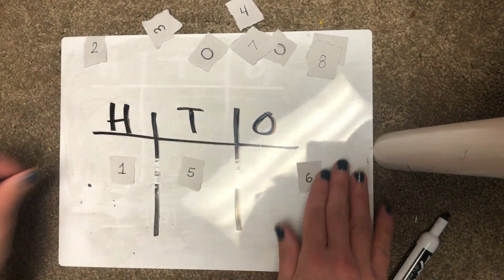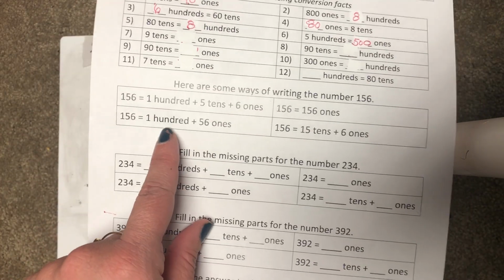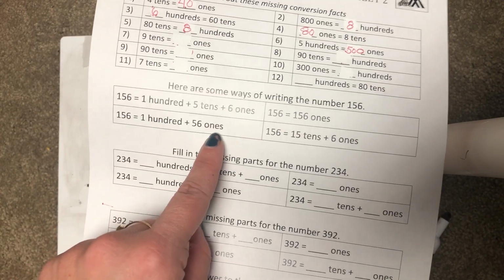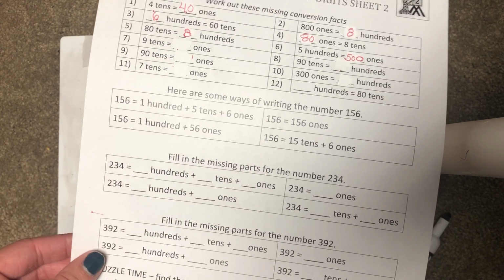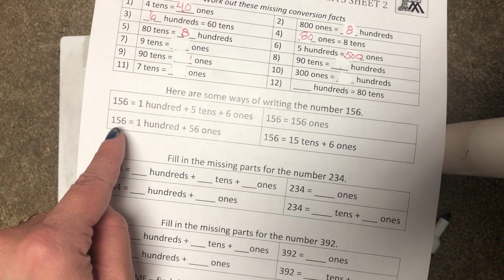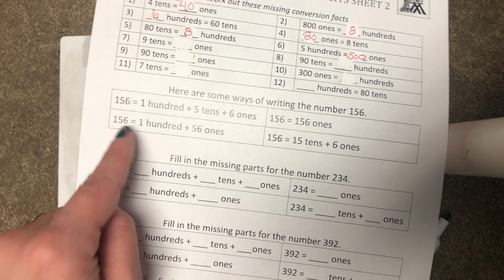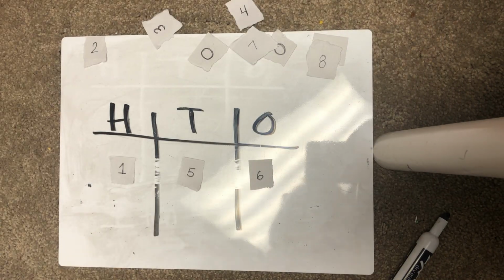Let's put them back. What if we have to fill it out and it says, tell me how many hundreds and how many ones, so don't include the tens? We can't just ignore that tens digit. We still have to make sure it's part of something, so we'll move it to the smaller place value.